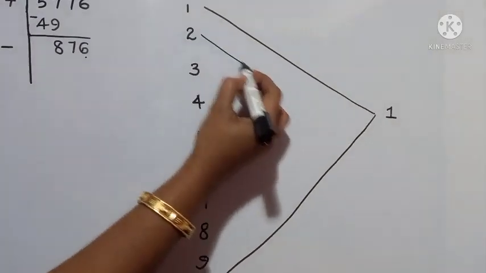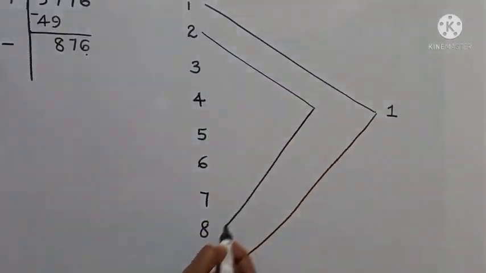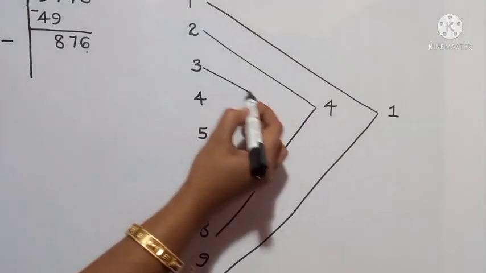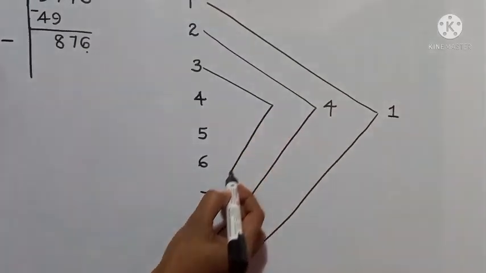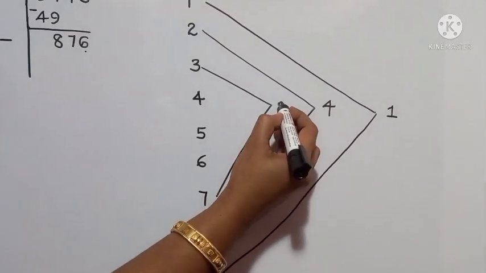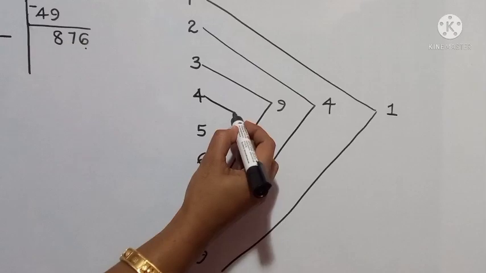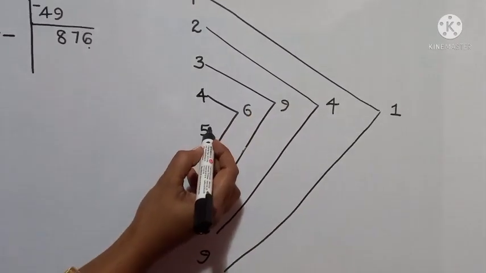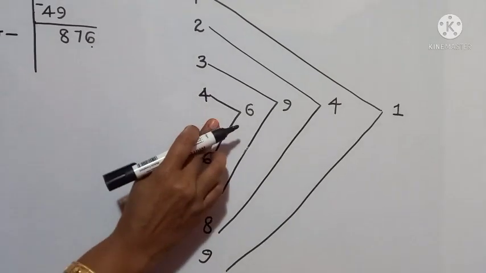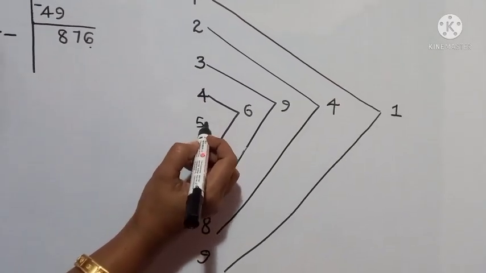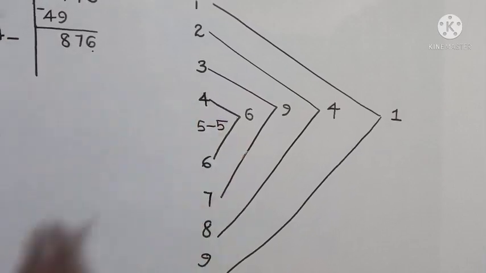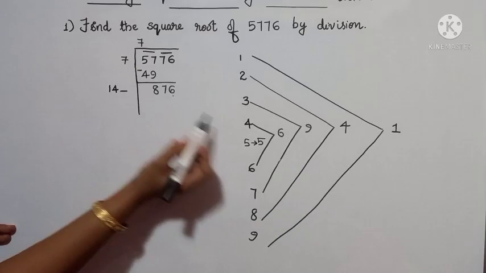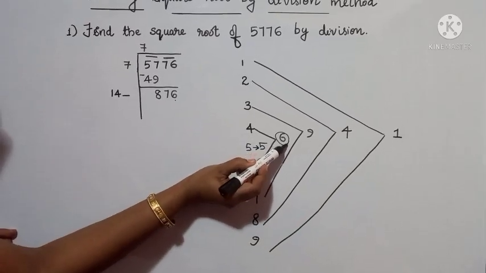If a number ends in 2 or 8, its perfect square ends in 4. If a number ends in 3 or 7, its perfect square ends in 9. If a number ends in 4 or 6, its perfect square ends in 6. And if a number ends in 5, its perfect square ends in 5 itself.